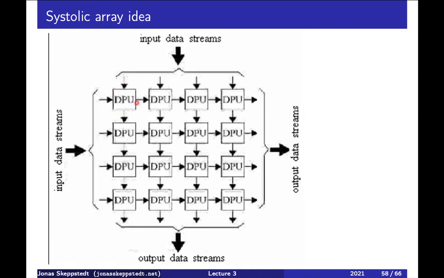You have compute nodes, and they produce data and give that data to the neighbor node, and they get input from somewhere or from a different node. So it is very easy to communicate massive amounts of data since it's only one step.